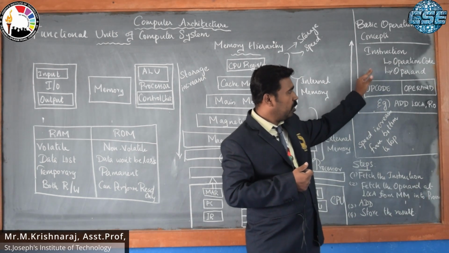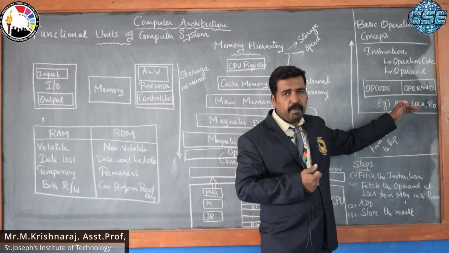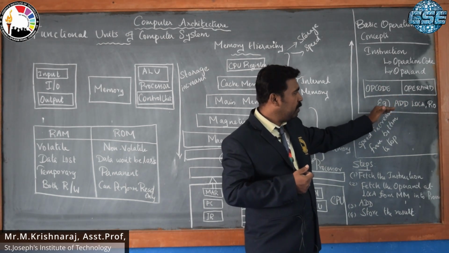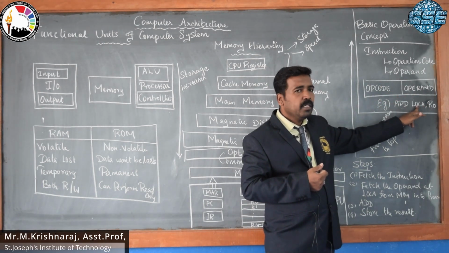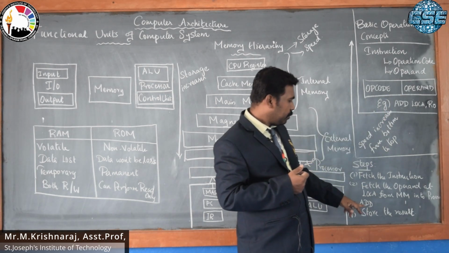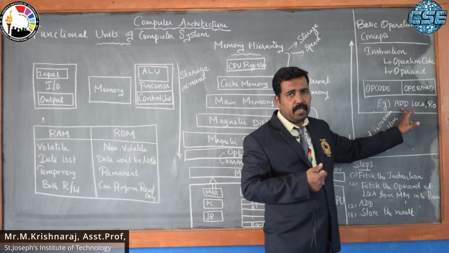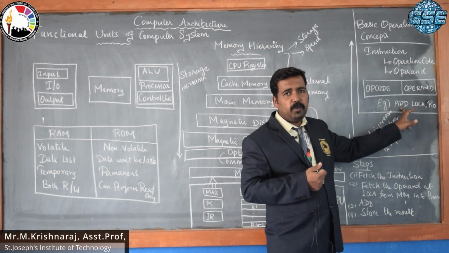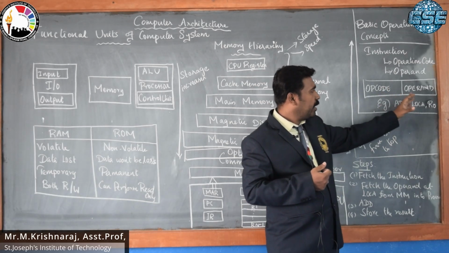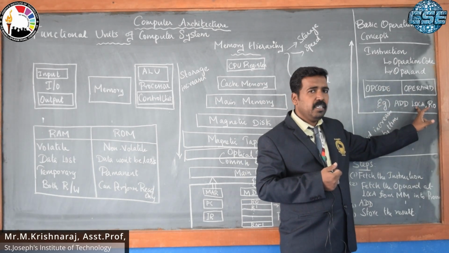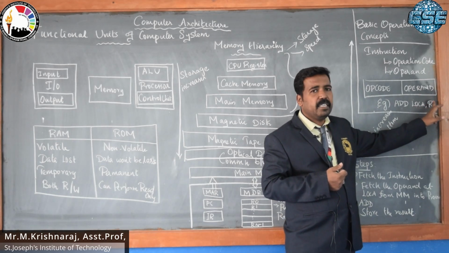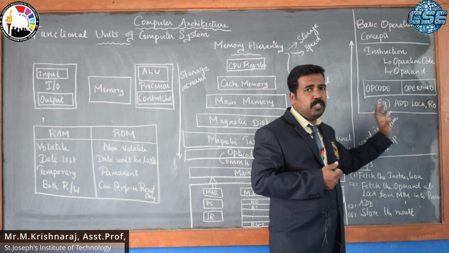So, first you bring the entire instruction from main memory to the CPU, then second, fetch the operand from the location and bring it to the processor. Third one is add. What is the opcode we are using? Add. The add instruction will add the operand value of the location with the value in the general purpose register, as I already told, R0.